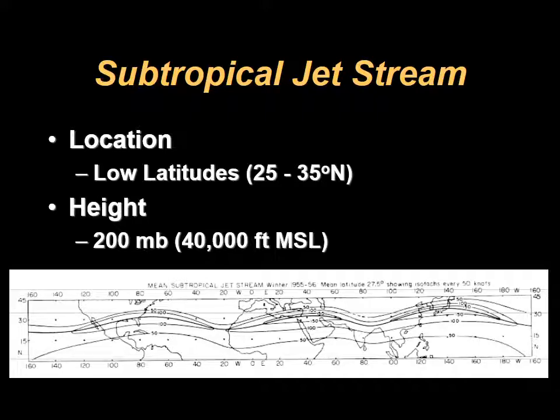So if you're looking for the polar or the subtropical jet stream, you have to look at the 200 millibar map. As the picture shows, it tends to be stronger across continents than it is across the oceans. Actually, the subtropical jet stream was discovered by B-29 bombers flying to Japan during World War II.